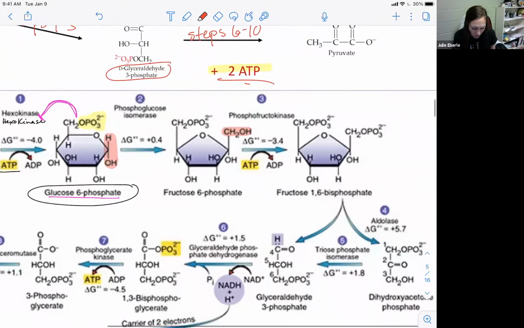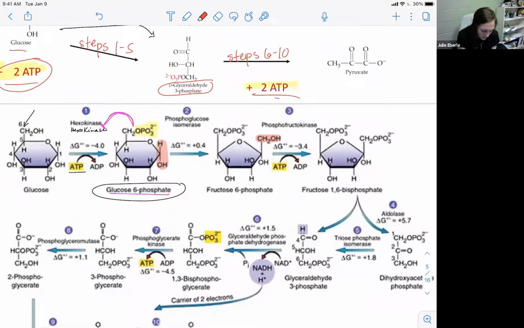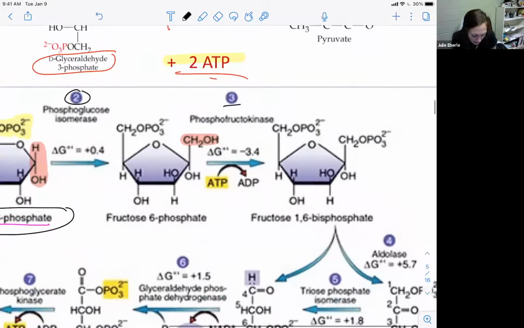The next step requires another investment of ATP. Steps 1, by the way, these little numbers up here tell you the steps: step 1, 2, now we're on step 3. So step 1 and 3 require an investment of ATP. And this is catalyzed by phosphofructokinase. I'm going to rewrite that.